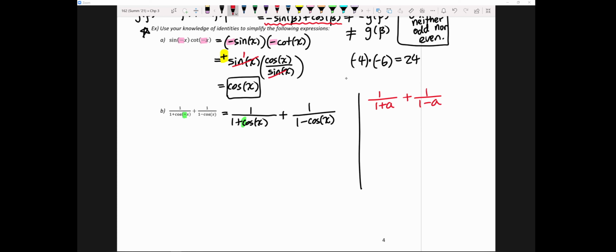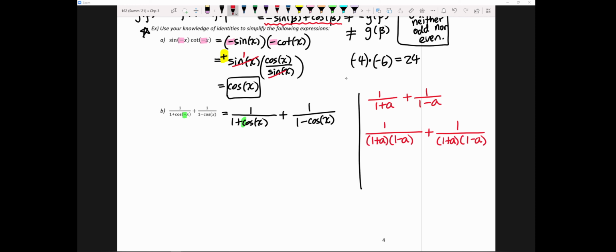Okay, so Genesis, thinking back to algebra, here we'd have to get a common denominator. What would that be? Would it be parentheses 1 plus a times 1 minus a? That's right. Very good. So as an algebra student, we would know that the common denominator here is 1 plus a times 1 minus a.